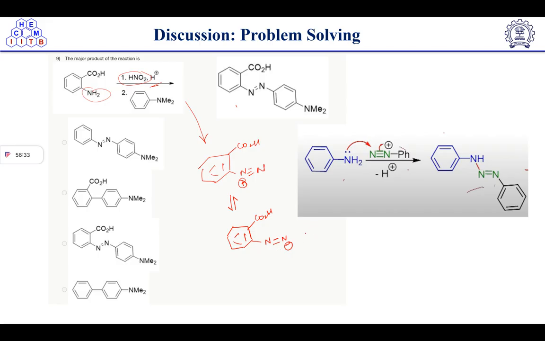Now, no need. Here we have this group, NH2.